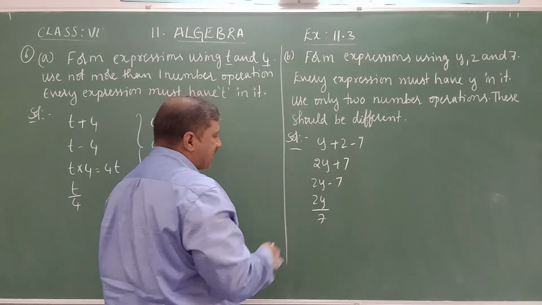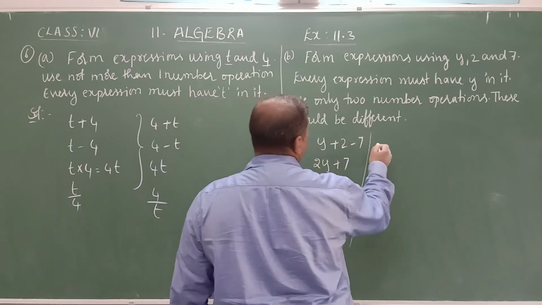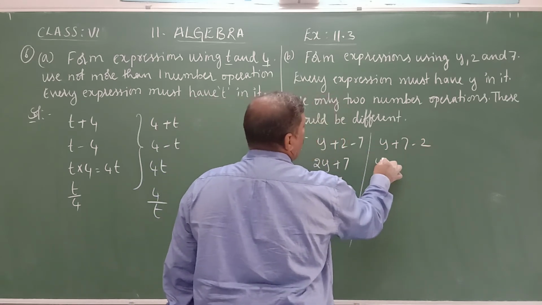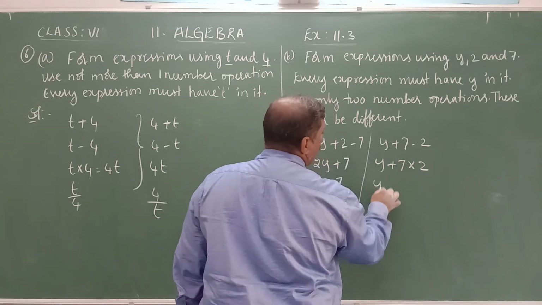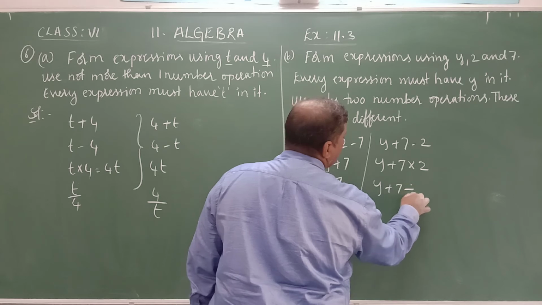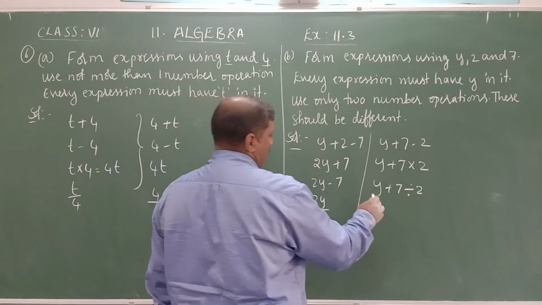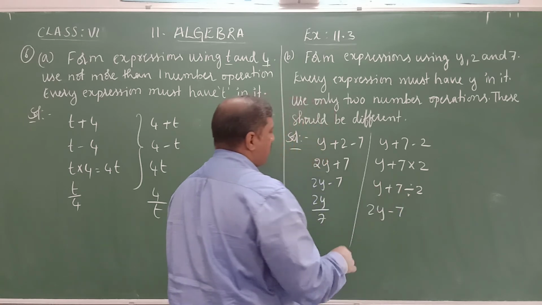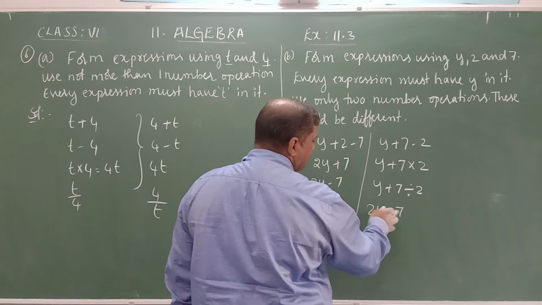Not only like this, we can write n number of options. Y plus 7 minus 2. Y plus 7 into 2. Y plus 7 divided by 2. Or 2y minus 7, which is already repeated.